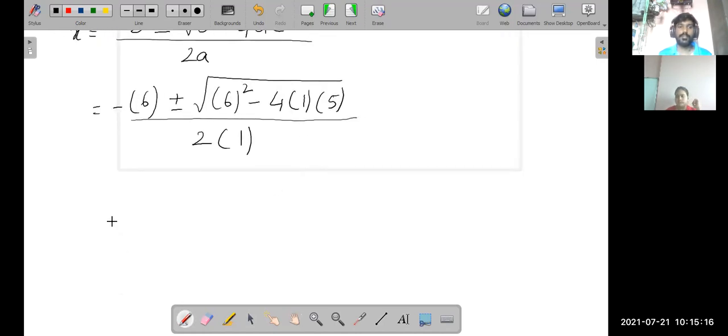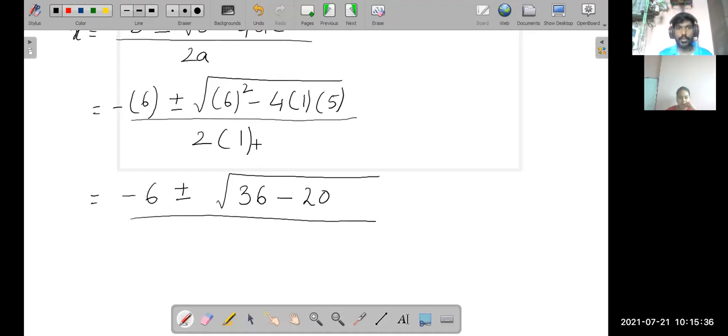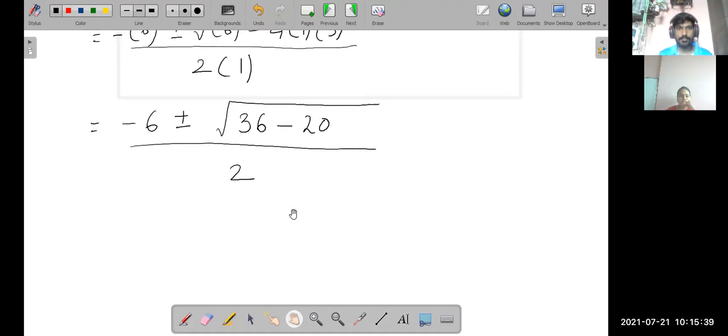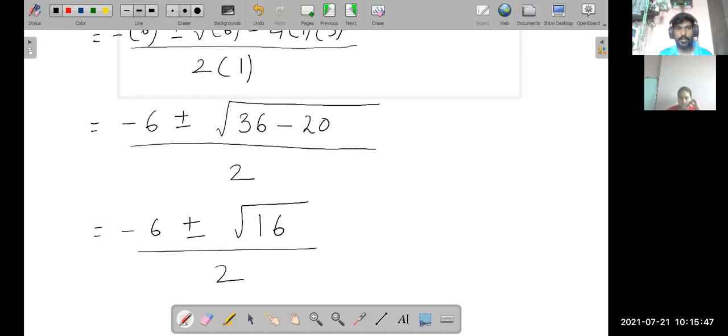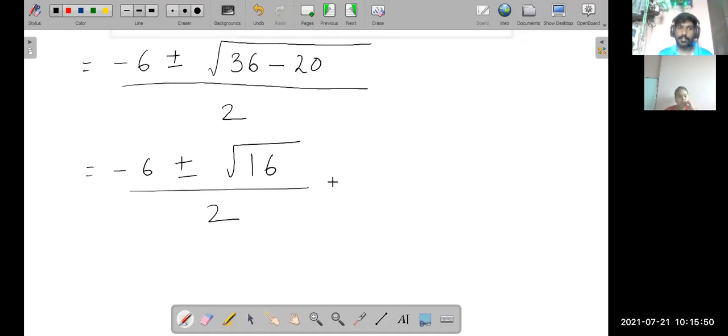Now simplify. This is minus 6 plus or minus under root of 6 square, 36, minus 4 into 1 into 5, which is 20, divided by 2. So this is minus 6 plus or minus under root 16, upon 2. Root 16 is 4. So minus 6 plus or minus 4 upon 2.